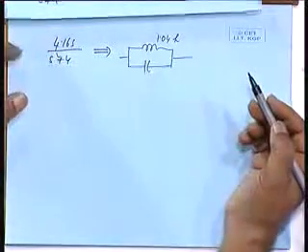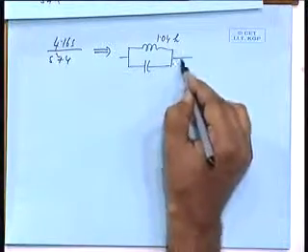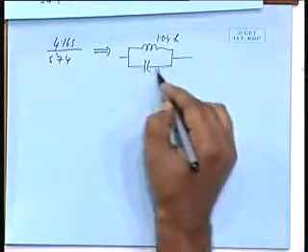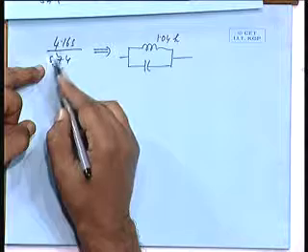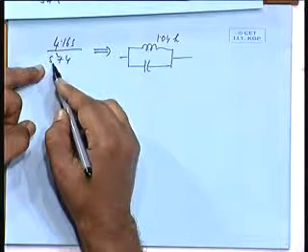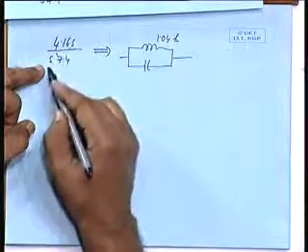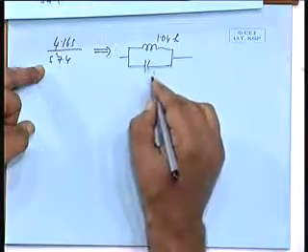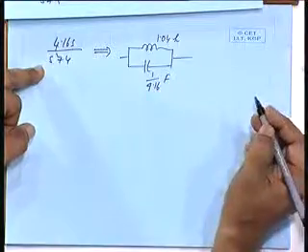So, it becomes an inductive circuit. At a very high value of frequency, capacitance is a bypass. So, the entire current flows through this, it becomes capacitive. So, it will be 4.16 by S. So, S will go. So, 1 by 4.16 farad. Is that all right?